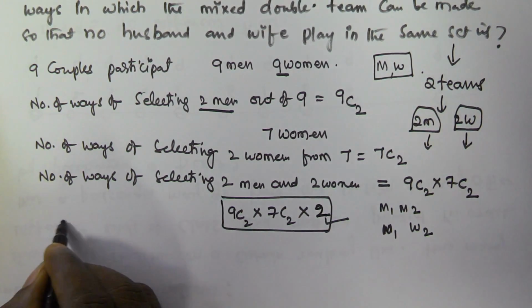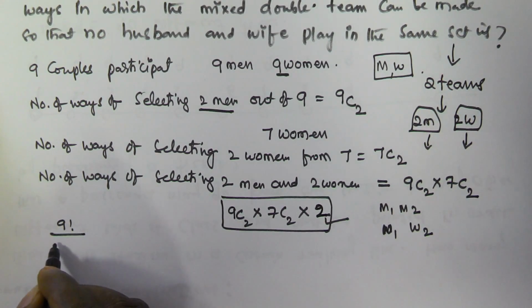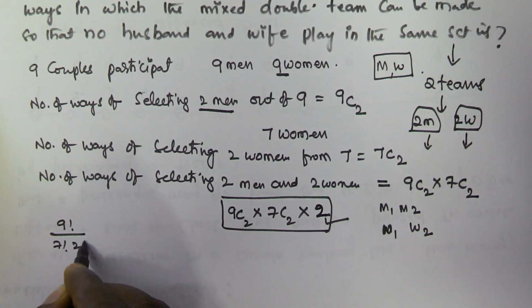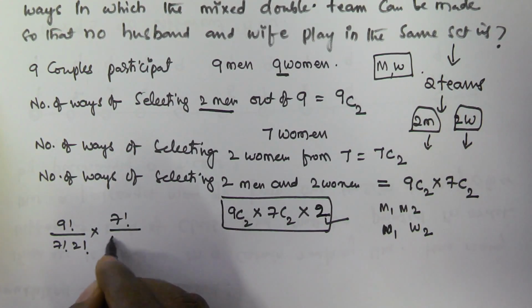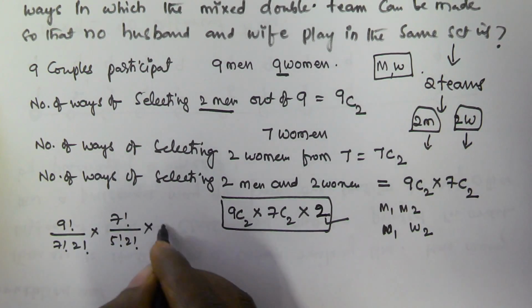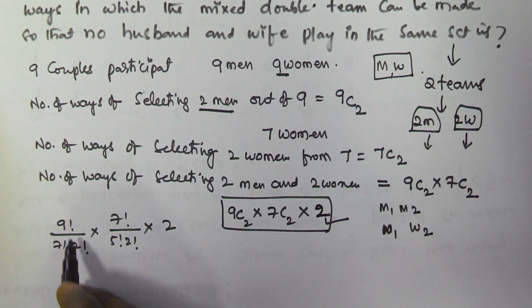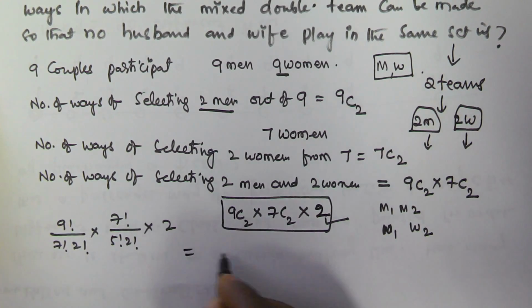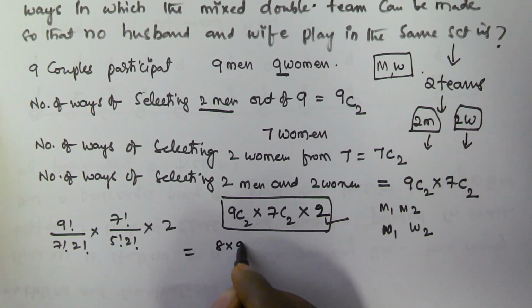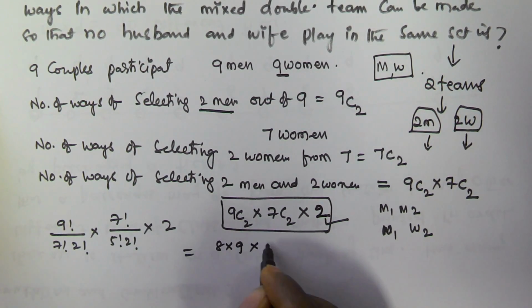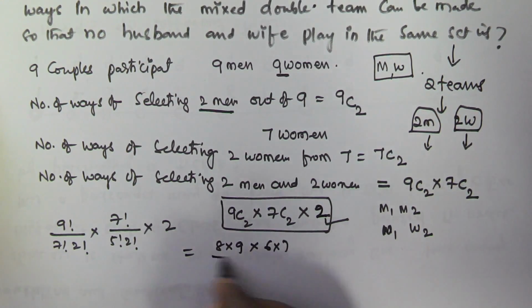So 9C2 is equal to 9 factorial by 7 factorial into 2 factorial, and 7C2 is 7 factorial by 5 factorial into 2 factorial, into 2. The 7 factorial cancels, remaining 8 into 9. The 5 factorial cancels, remaining 6 into 7 by 2 into 2 into 2.